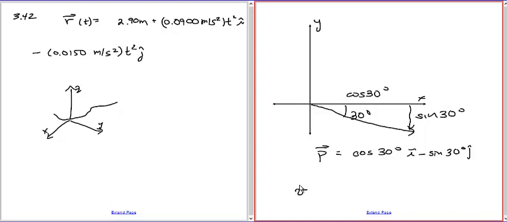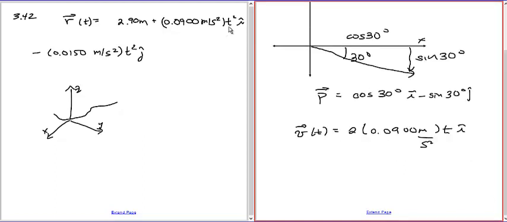So let's calculate the velocity vector as a function of time. If you take the derivative of a constant, you get 0, and the derivative of this is going to be 2 times 0.0900 meters per second squared t i. So you take the derivative of t squared, which is 2t, times this constant, and it's still in the i direction.